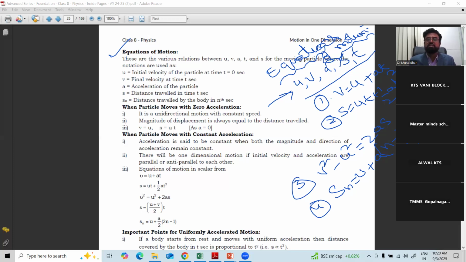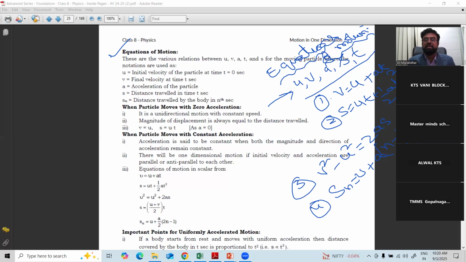So V is equal to U plus AT. We already discussed this, we came across it in the 7th class also. S is equal to UT plus 1 by 2 AT square, or half AT square. V square minus U square is equal to 2AS.